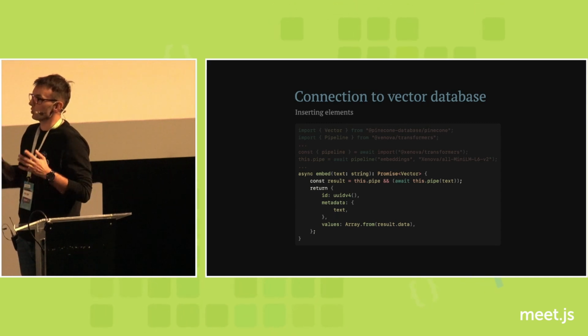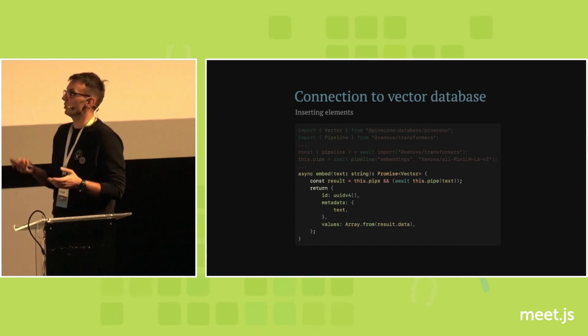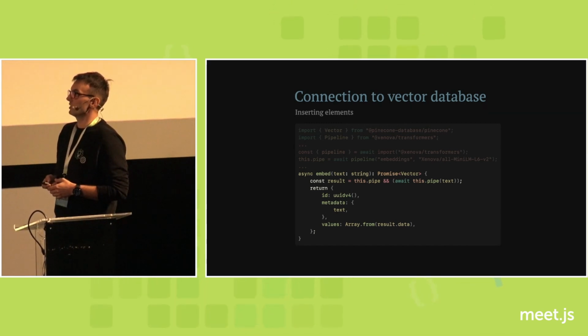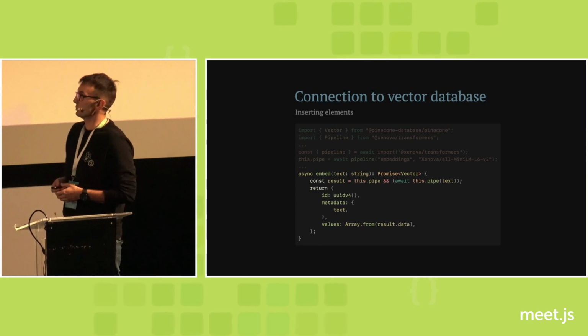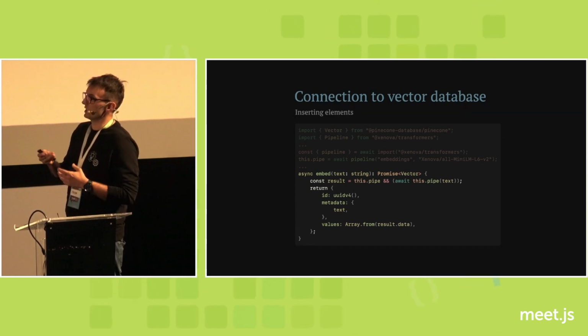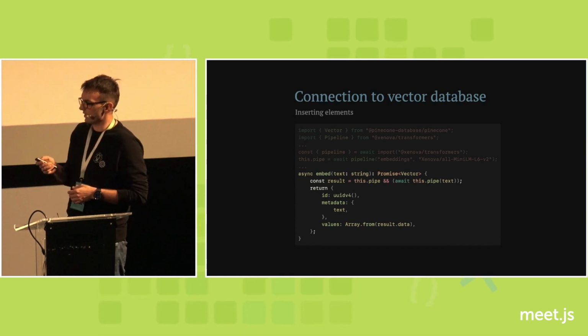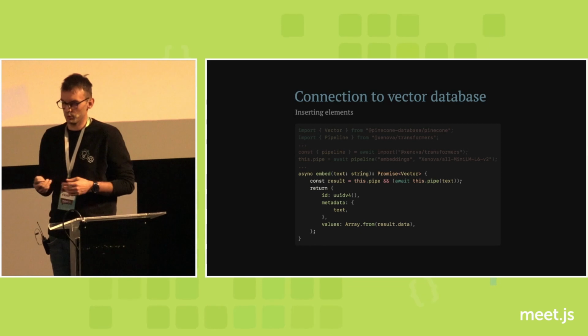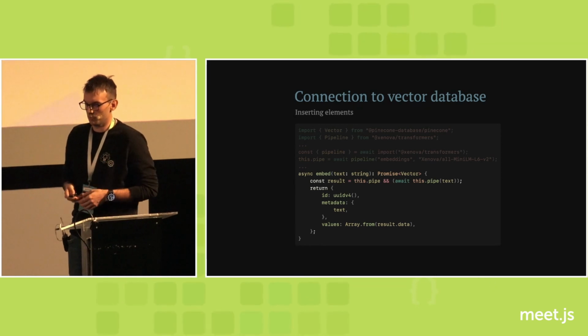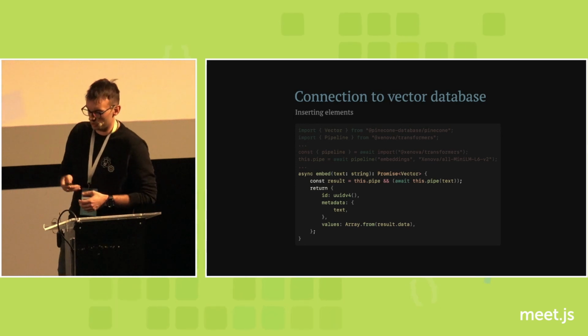I just provide the original text, so it's returned for the user, but there could be a whole object with all of the other data, or an ID for the possible answer for this text. And we just save that into the database under the values field, which basically takes this vector, puts it in an array, and saves it into the vector database.